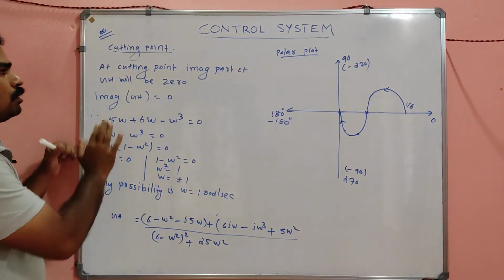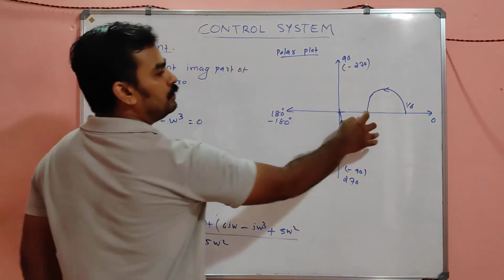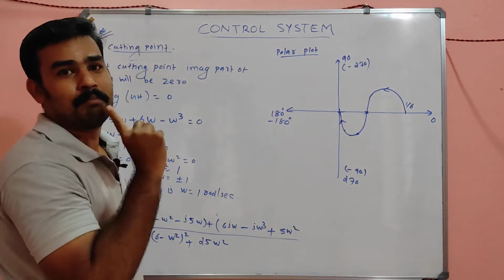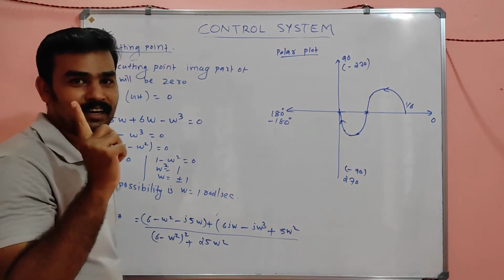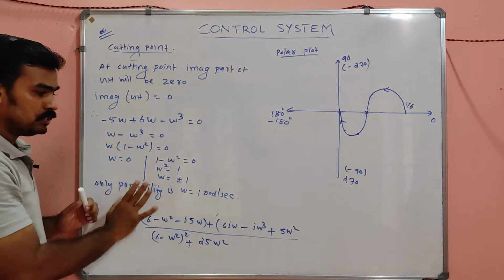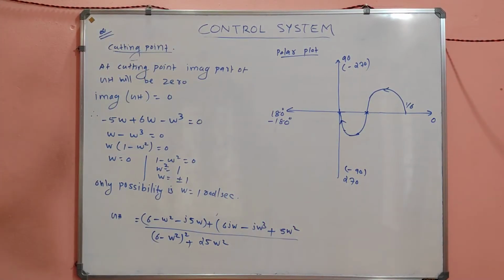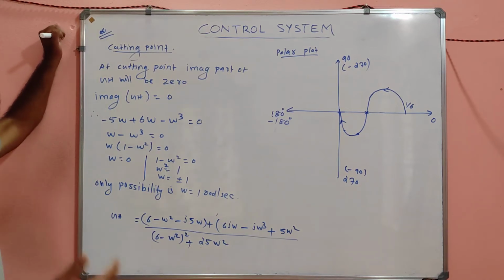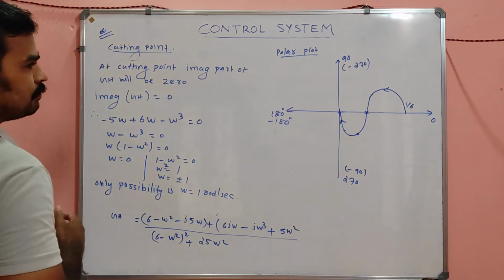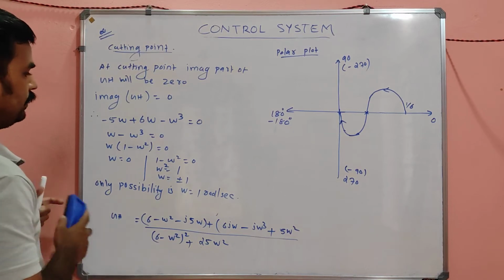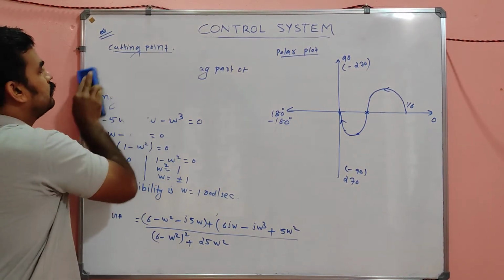That is the frequency. So we have now got the frequency at the cutting point, and not the magnitude at the cutting point. Remember, we got only the frequency at the cutting point. So how can we find the magnitude?